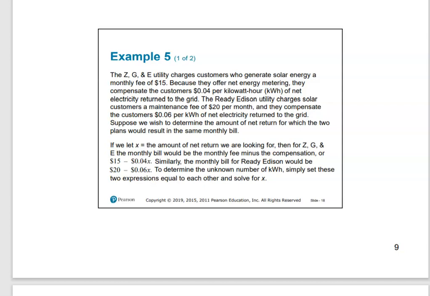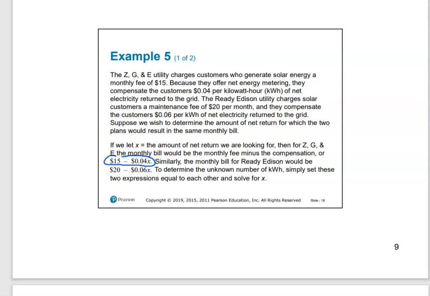The Ready Edison utility charges solar customers a maintenance fee of $20 per month, and they compensate the customers 6 cents per kilowatt hour of net electricity returned to the grid. Suppose we wish to determine the amount of net return for which the two plans would result in the same monthly bill. Okay, so we've got two equations here they've set up.